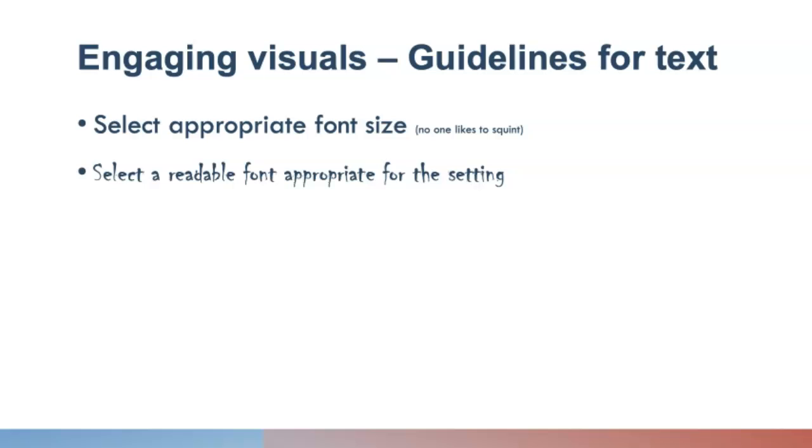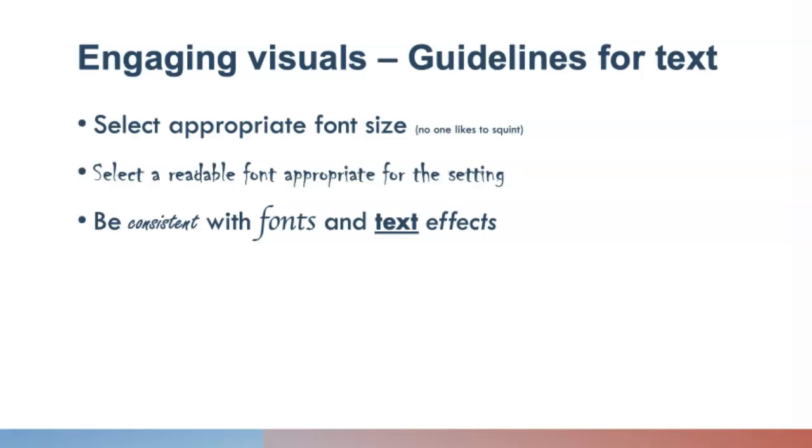Using a clean font, like the ones I've used for the slide titles and for the rest of the slides, which is Arial, helps people with different vision abilities to understand and to see the text. Never assume that your audience has the same abilities that you do.